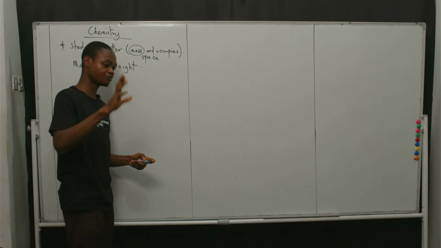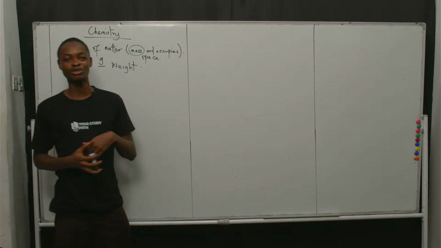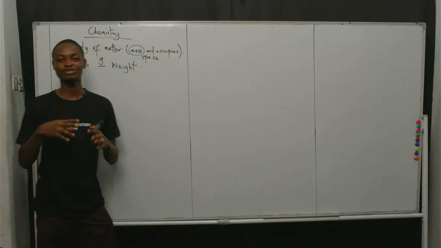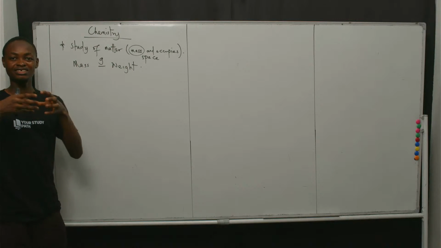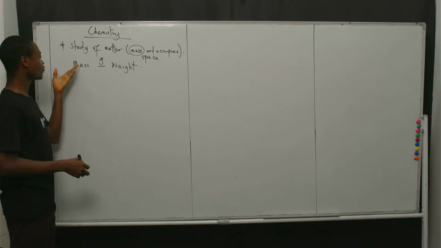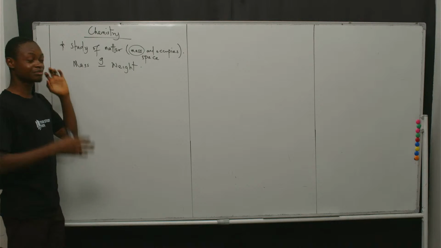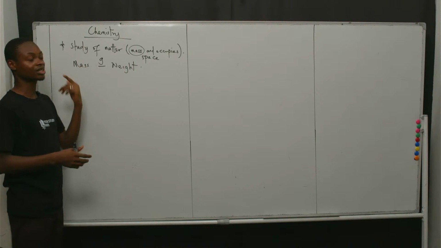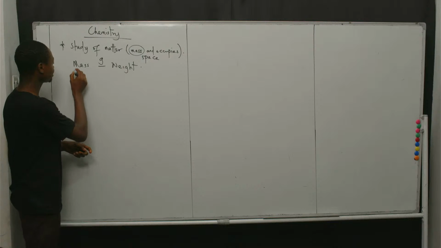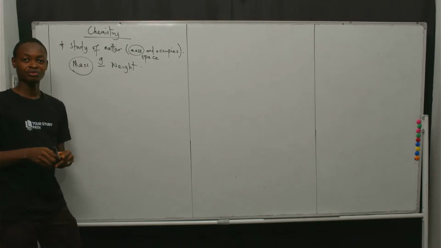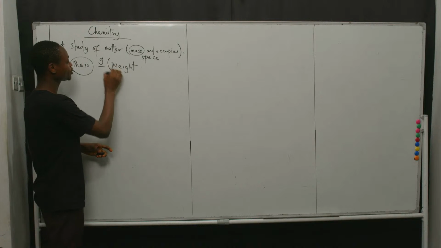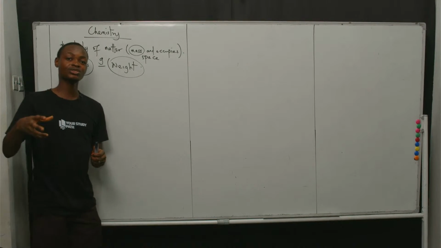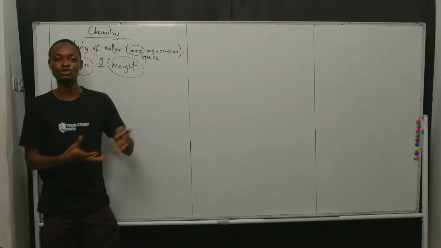Of course, for the physics guys, they would talk to you about scalar quantities and vector quantities, but let's talk about it in the real sense of the word. For mass and weight, the biggest difference between them is gravity. Why? Because mass simply talks about the quantity assigned to that object, while weight talks about the quantity assigned to that object with respect to gravity.